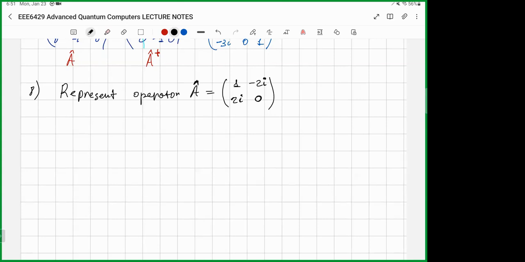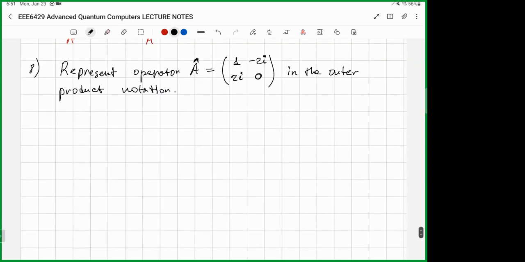So represent this Hermitian operator in the outer product notation. This is quite an important part. What does it mean to represent an operator in the outer product notation?